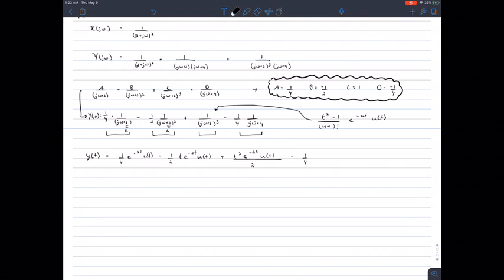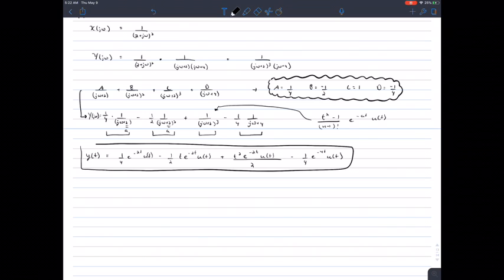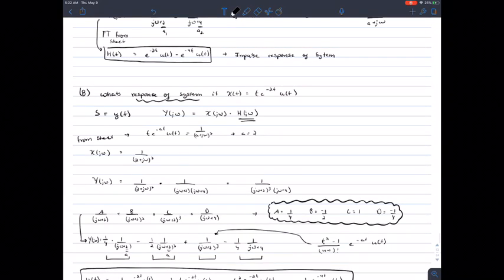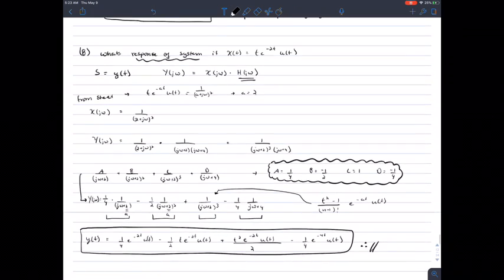Minus 1/4 times e to the negative 4t u of t. Alright, that is your y of t. And wow, it doesn't get much worse than that. Let's go ahead and circle this for y'all. That is your final answer for, again, the response of the system.